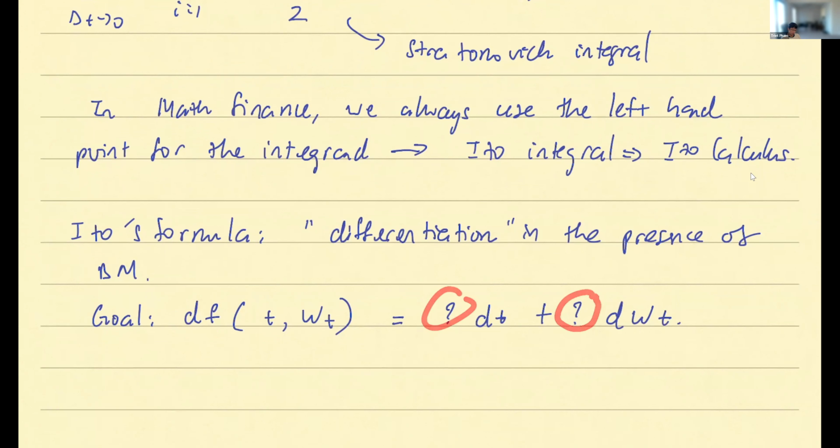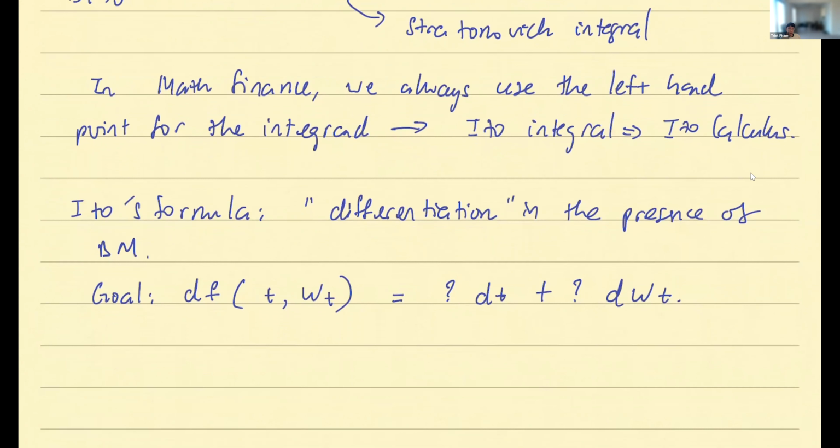Okay. Now, why is this differentiation? It's differentiation because if you don't have the Brownian motion, then this is classical calculus. So this is classical calculus.